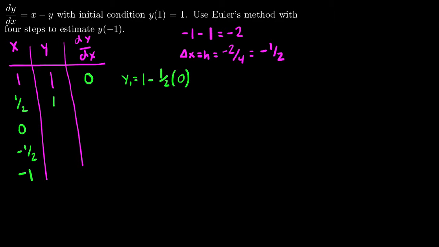And I continue, same process. So in here, x minus y gives me -1/2. I get y2 equals 1 minus 1/2 times the new slope, -1/2, which is the same thing as 1 plus 1/4, 5/4. And let's look at the graph.